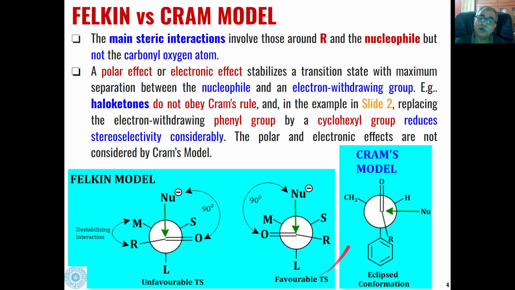So this transition state will have the main interaction with the nucleophile.